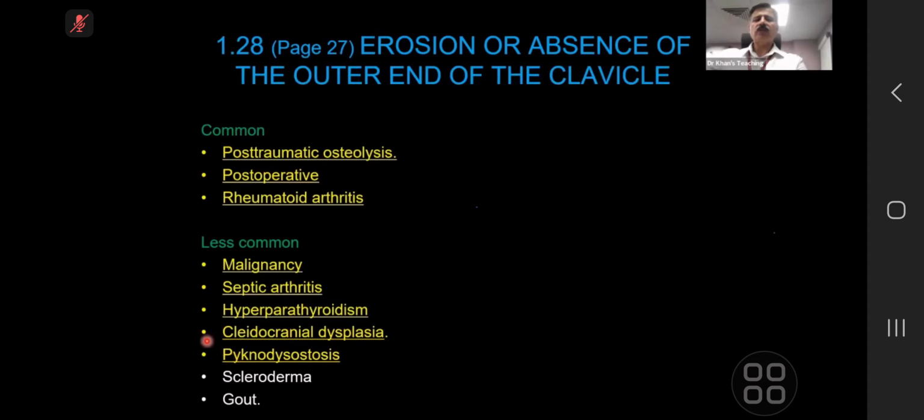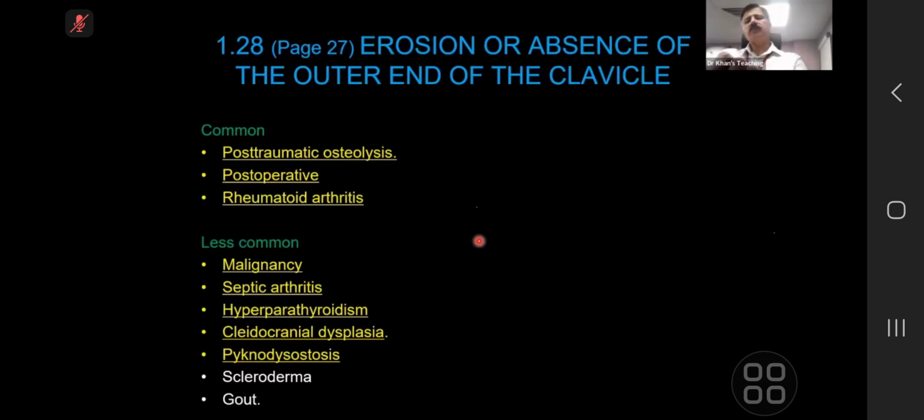Please remember, these two are asked in the exam because both of them are congenital. Hyperparathyroidism, rheumatoid, all of these things are very, very important. But in this world, these two are critical: cleidocranial dysplasia and pycnodysostosis.